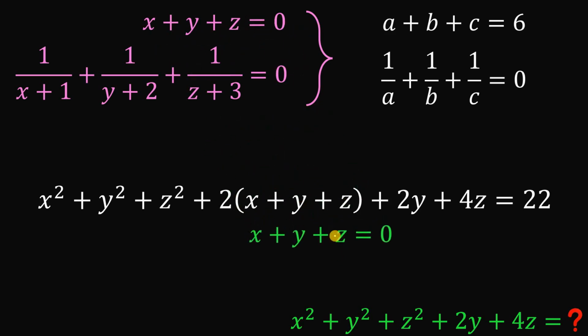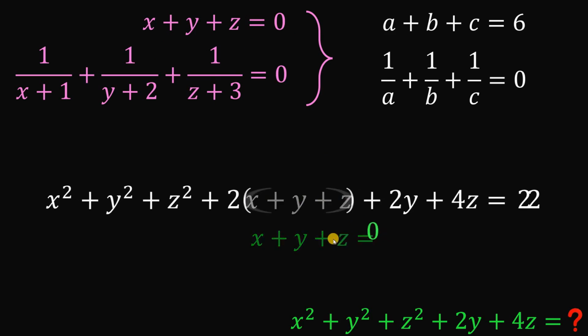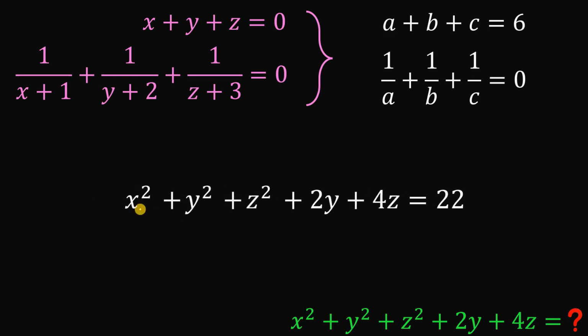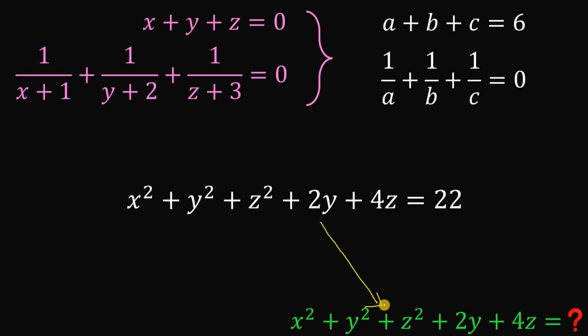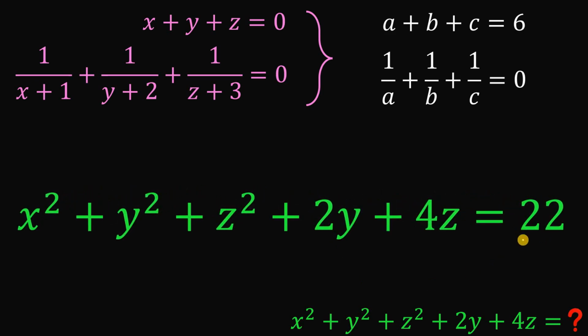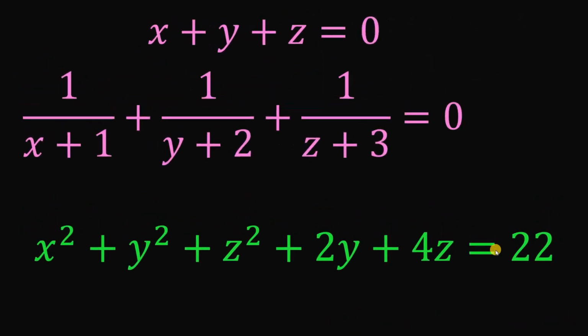This is just 0. This is given. And 2 times 0 is just 0. Therefore, we have x squared plus y squared plus z squared plus 2y plus 4z. This is the expression that we want to evaluate, and our answer is 22. And this is our answer to this question.